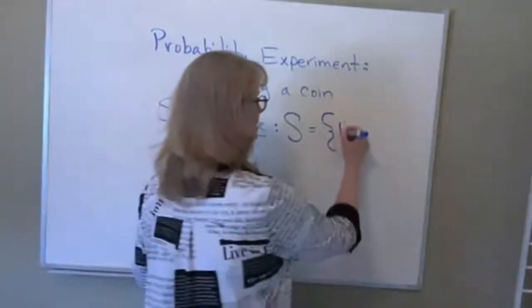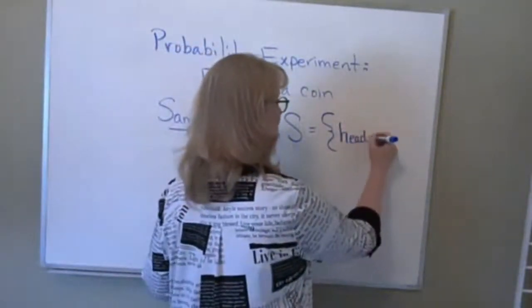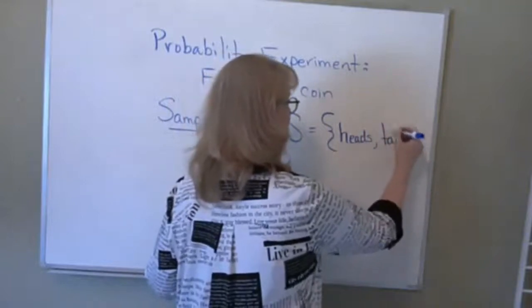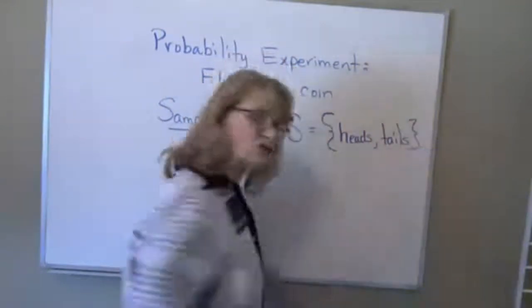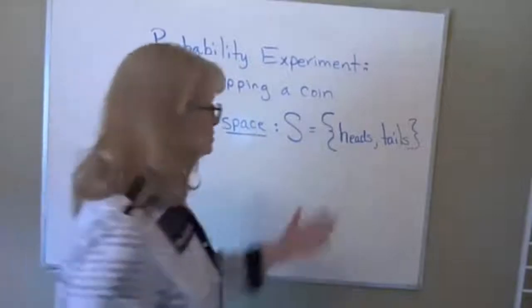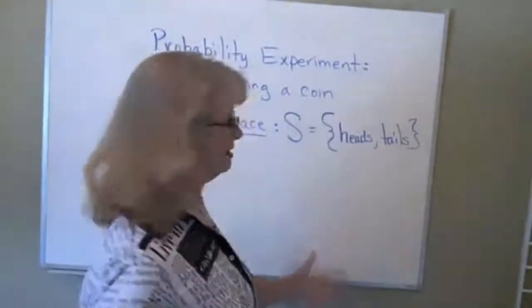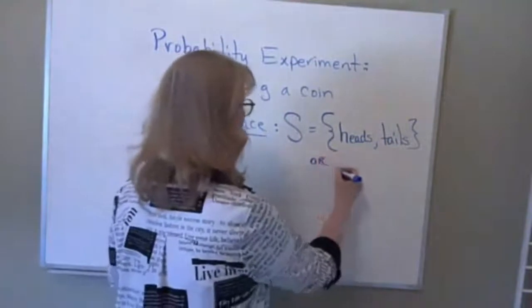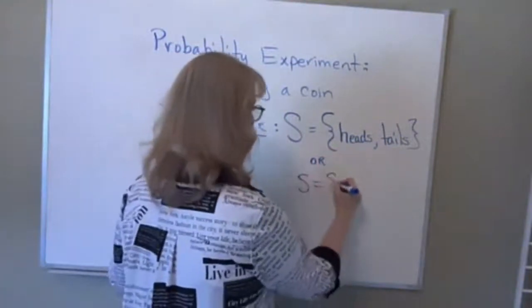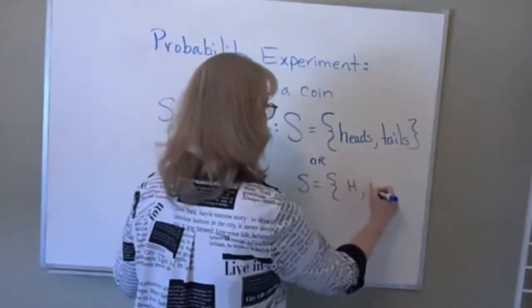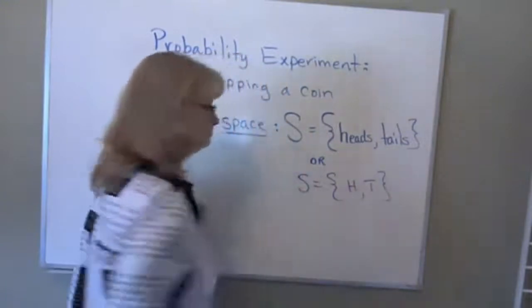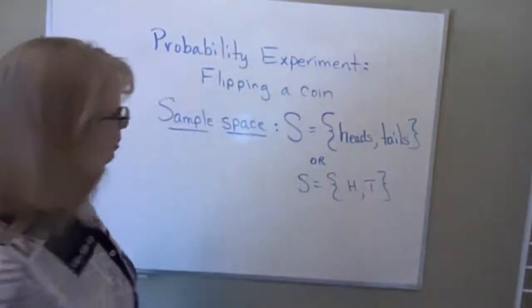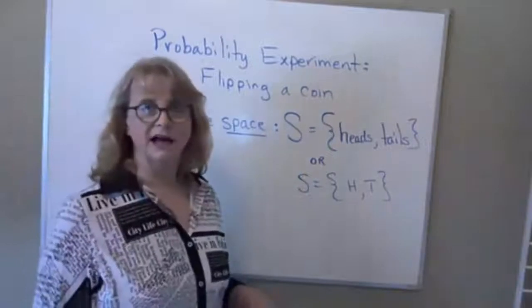So the possible outcomes are heads and tails. Now, usually when we're doing probability experiments, we come up with abbreviations for the outcomes because we don't like writing that much. So another way we might write it is H and T. So that's what a sample space looks like.